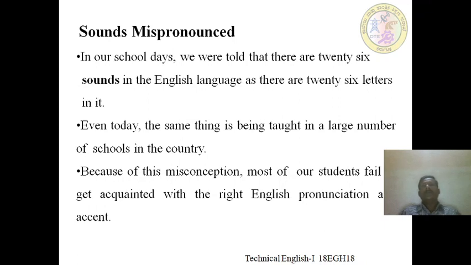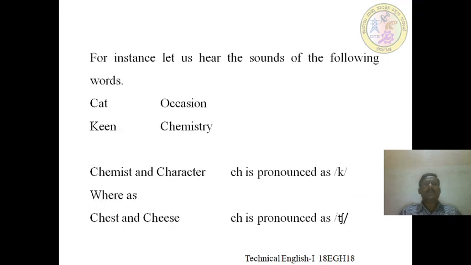They must learn how the native speakers speak and pronounce the words without let or hindrance, in accordance with the received pronunciation, because we, Indian students and teachers alike, follow the general Indian English. Therefore, our students fail to get acquainted. There must be some obligation imposed on the students that they should learn English pronunciation, and they must be acquainted with RP, that is received pronunciation.